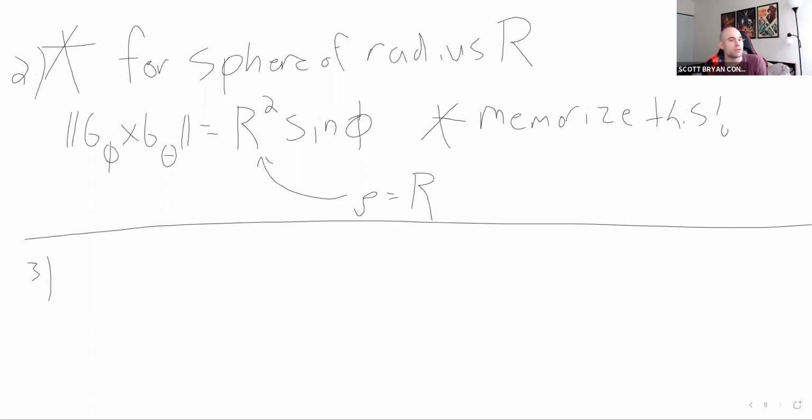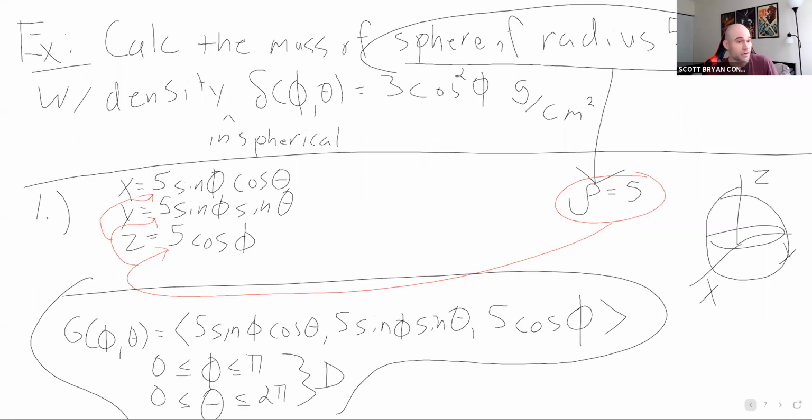Step 3, let's put it all together and integrate. This is maybe slightly confusing because it gives us the density in spherical coordinates, so we already have phi and theta there. There's no x, y, and z to replace.